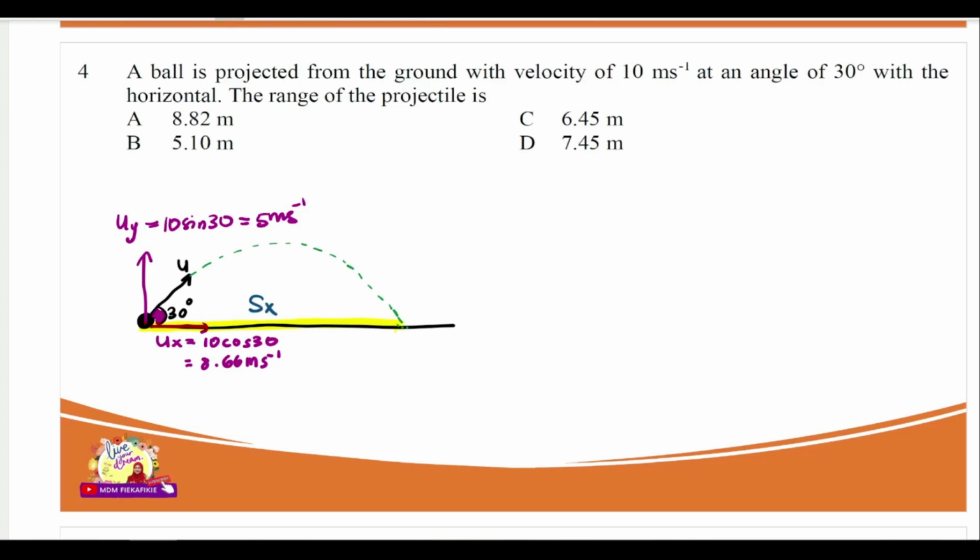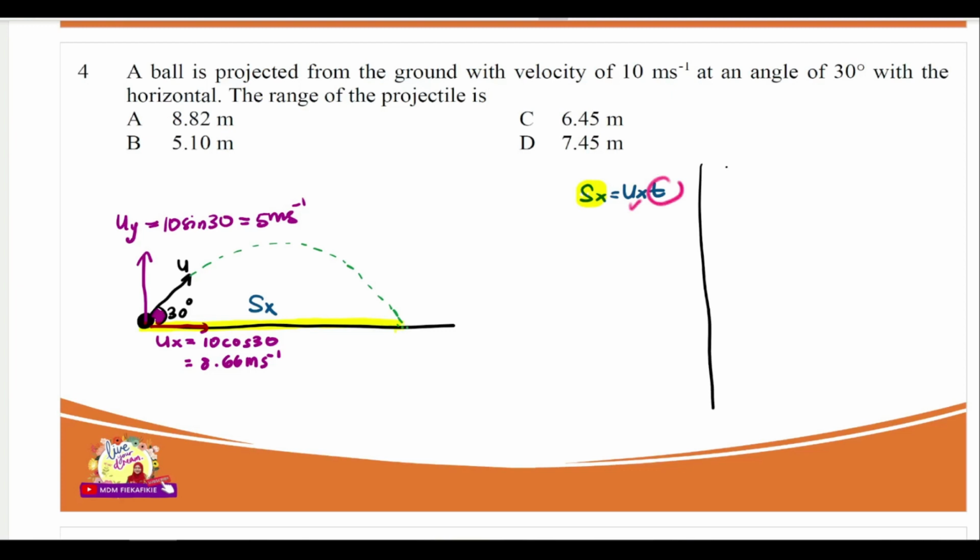So we already know that SX is equal to UXT. We can use this equation in order to calculate SX. We already have the value of UX, but we don't have the value of T. So in order to calculate T, we can find T from vertical information.